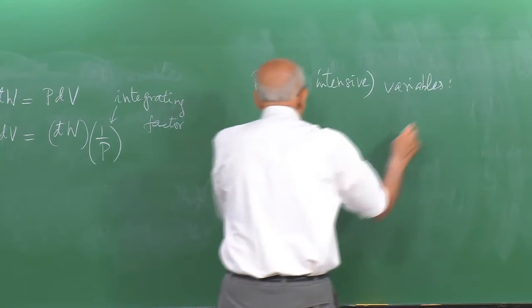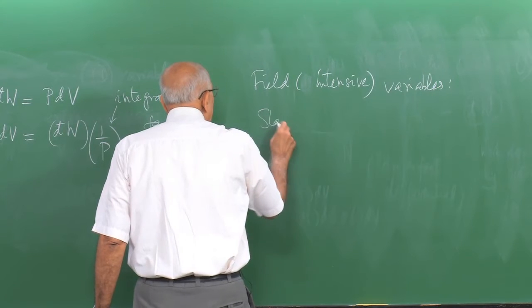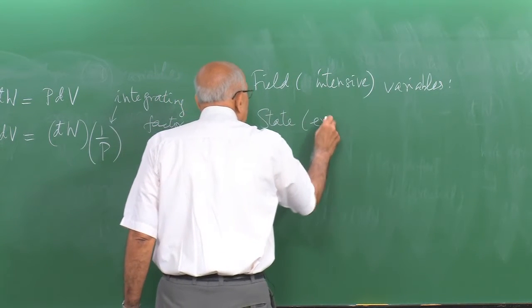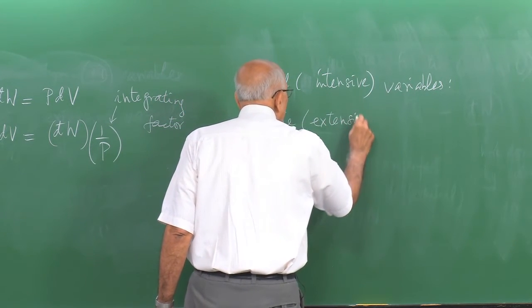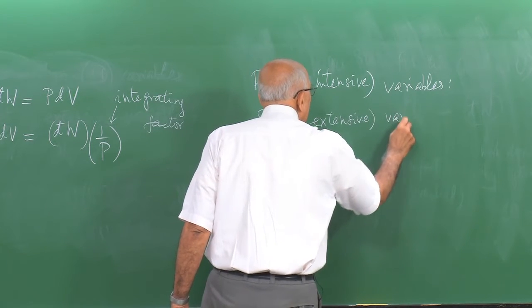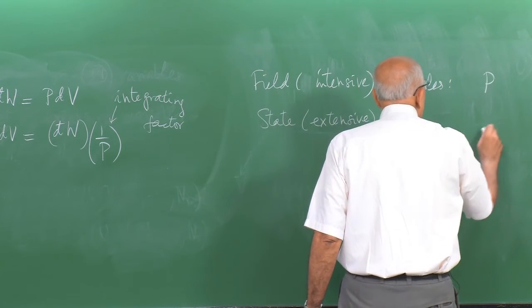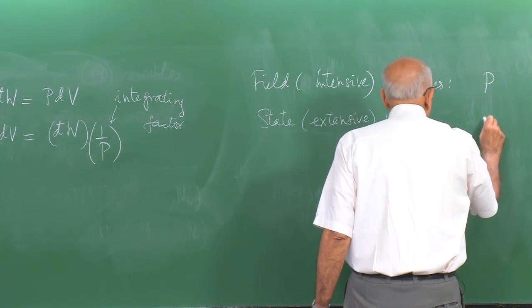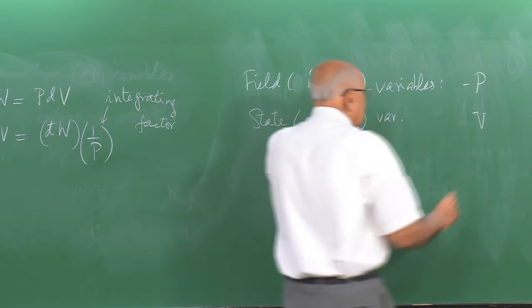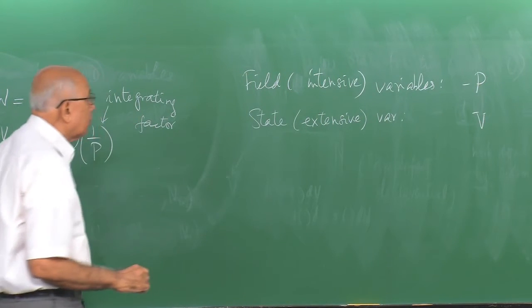I give examples right away, and then you have these state or extensive variables. The most common example is P here and then V, minus P for instance, so that our sign convention is kept straight.